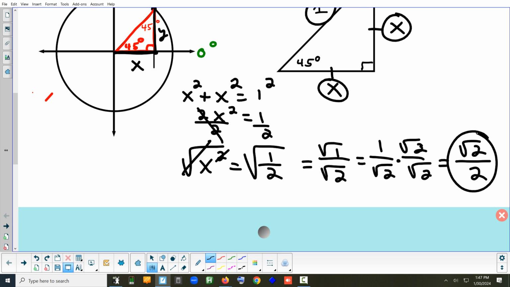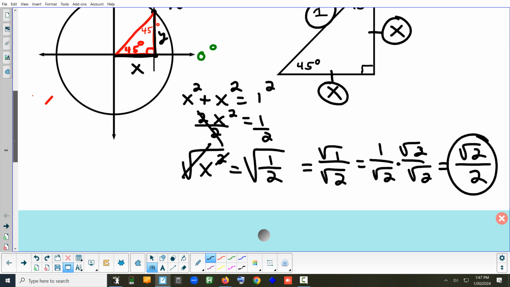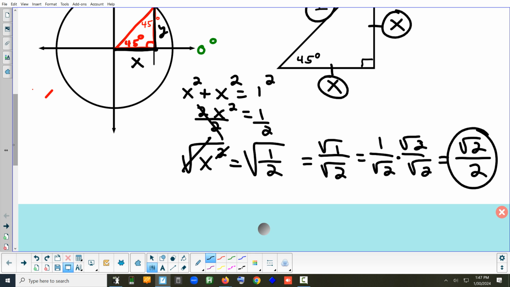I have a question. Where did the square root go in the 1/2 after you divide it? So when you square root a fraction, it goes to both the numerator and the denominator. No, I'm talking before that. Before that, we divided by 2 on both sides. So we had 2x squared equals 1, and then we divided by 2.